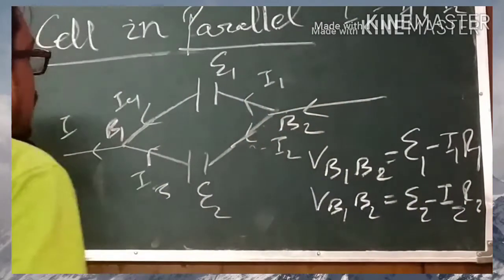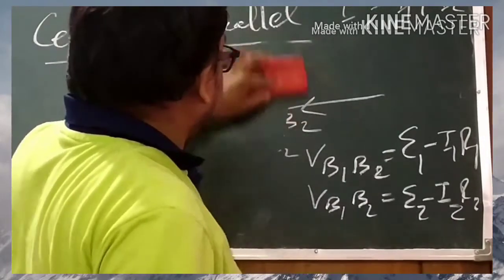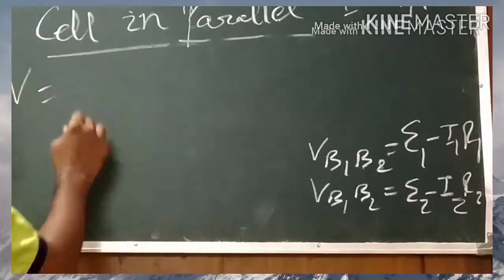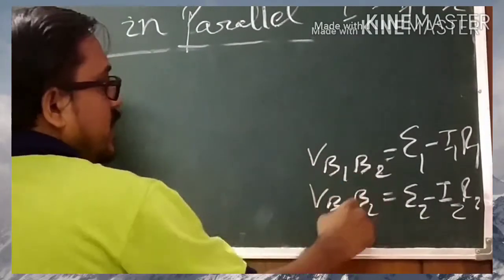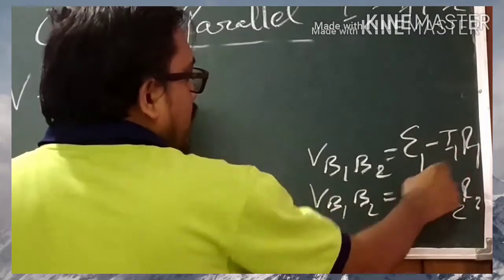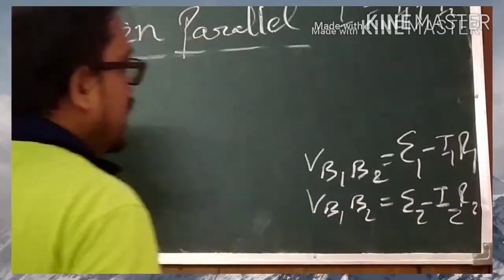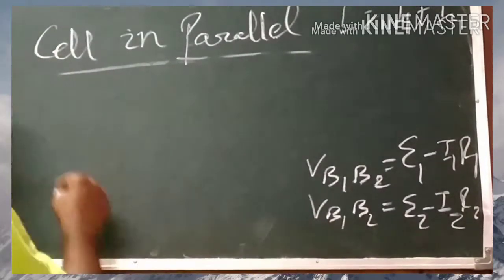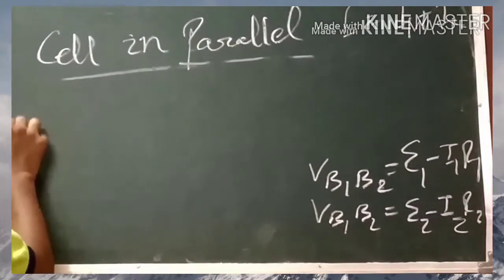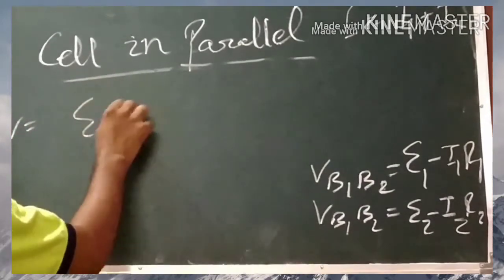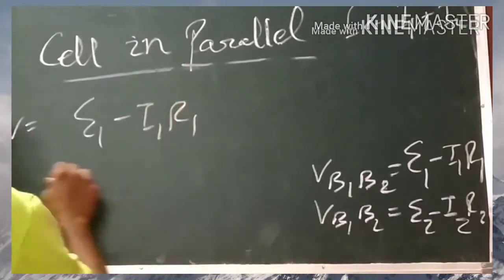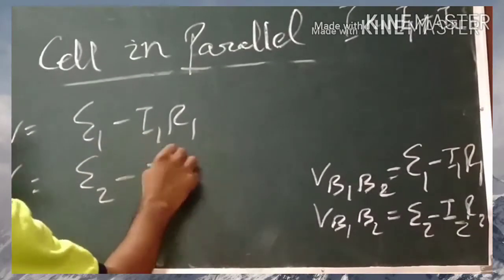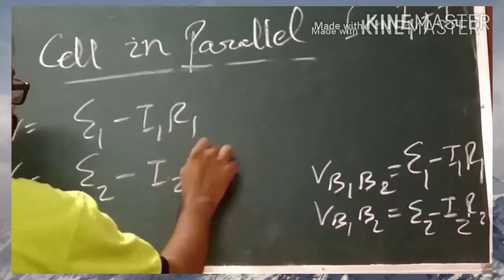Now we can write the net potential V, which is equal to E1 minus I1 R1, and V again for E2 minus I2 R2. As the potential is the same in the parallel connection, V equals E1 minus I1 R1 and V equals E2 minus I2 R2.